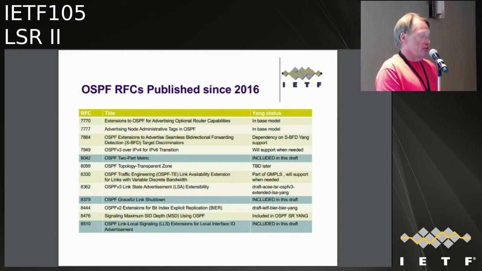The two-part metric, based on a requirement from somebody, I had made a quick effort to add it to the base model, but I realized I hadn't added everything, so I'm going to remove that the next time I update the base model based on some comments we've got. We also have the graceful link shutdown. That's a new RFC. This draft augments the model to add that, and link local signaling for local interface advertisement. That's also included in this new draft.